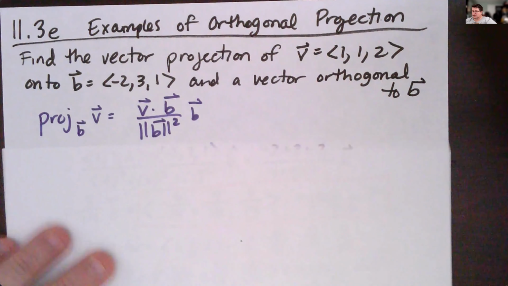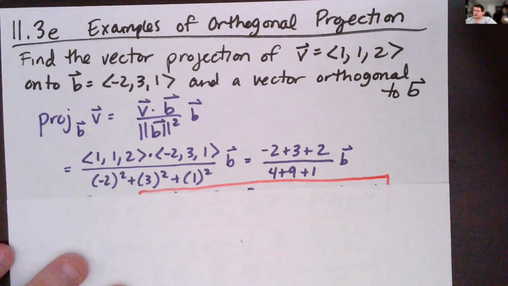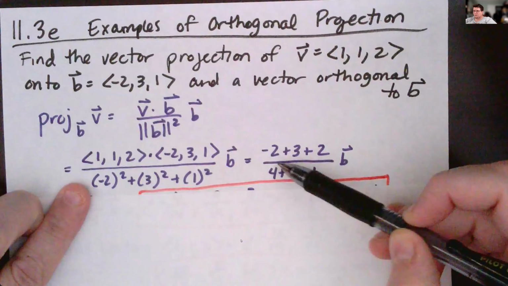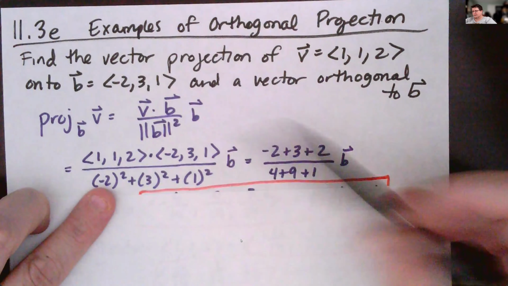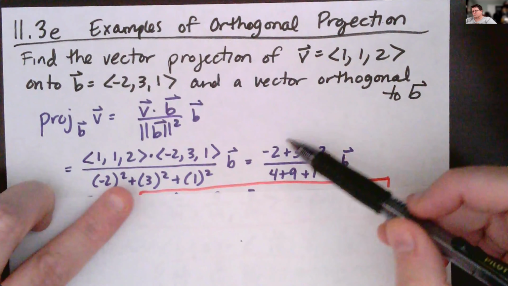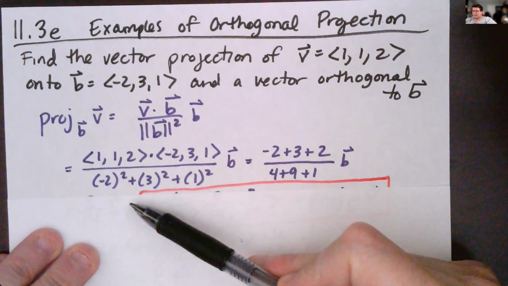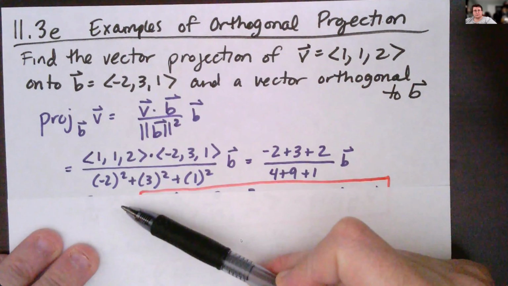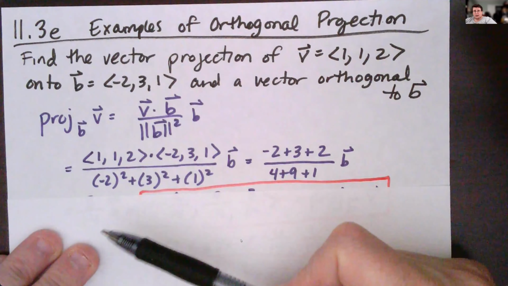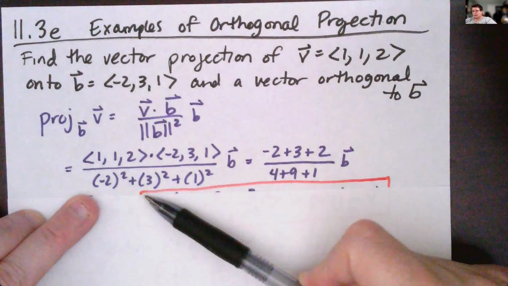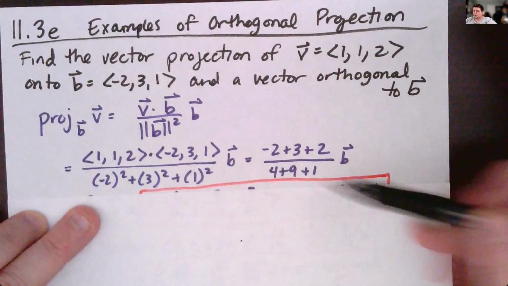And that is just plug and chug, right? 1, 1, 2 times -2, 3, 1. I've got 1 times -2 is -2. 1 times 3 is 3. 2 times 1 is 2. And the norm of B squared is the distance formula without the square root. So -2 squared, 3 squared, and 1 squared is 4, 9, and 1.